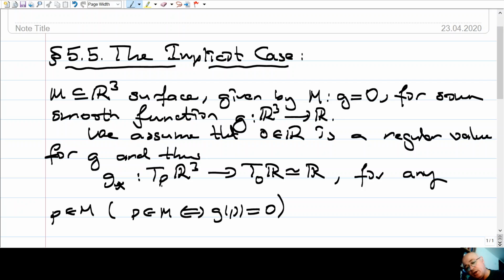That's why this tangent space is mapped here, and regular value means that the derivative map is onto, for any P, it is surjective.